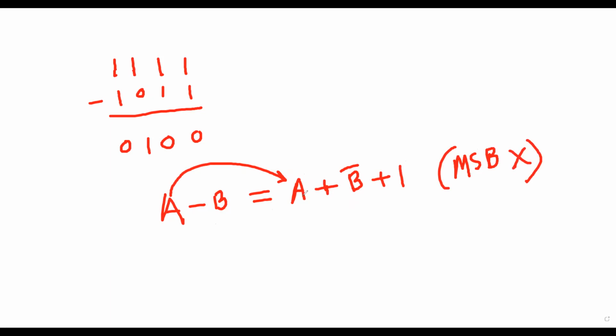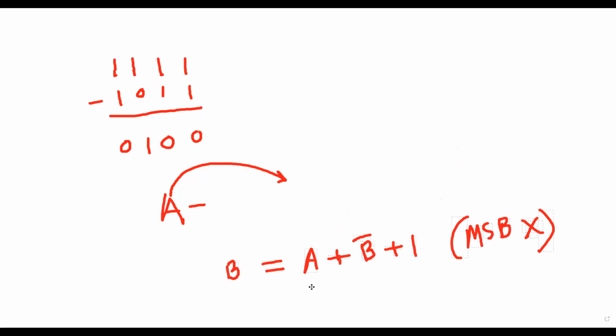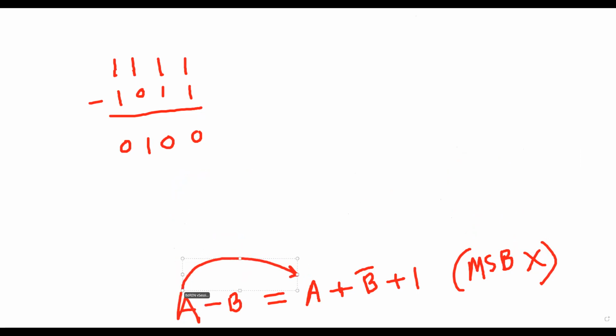So what do I mean by A plus B bar plus 1? I will explain. Now here, the A will remain as A. So this is your A. It will be 1, 1, 1, 1.